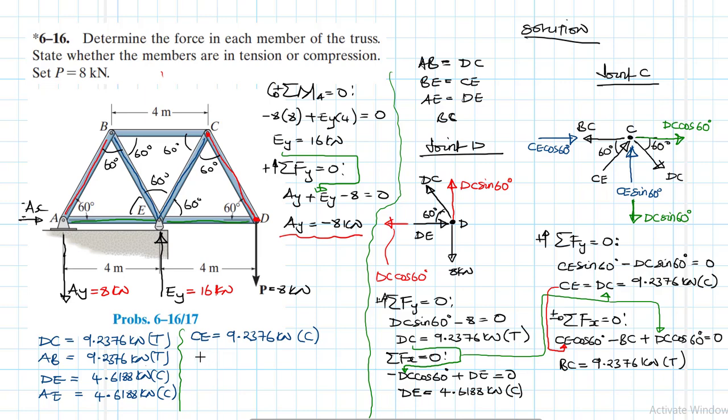And we said CE is equal to BE, therefore BE is also going to be equal to 9.2376 kilonewtons, also in compression. And then we found BC also, and BC was equal to 9.2376 kilonewtons, and is in tension.